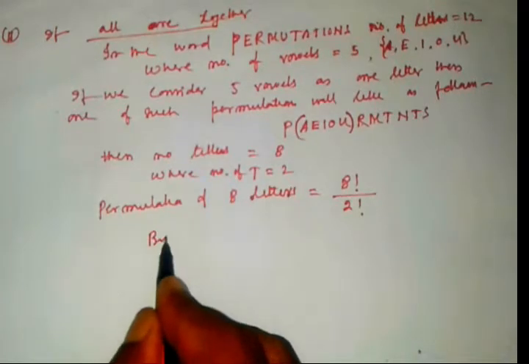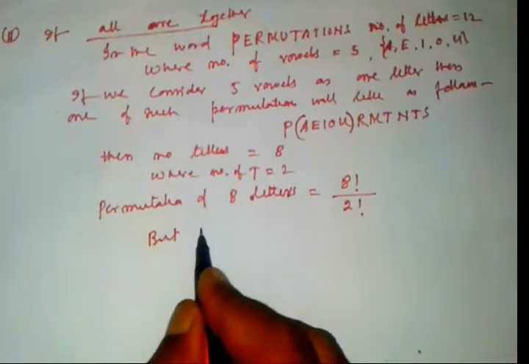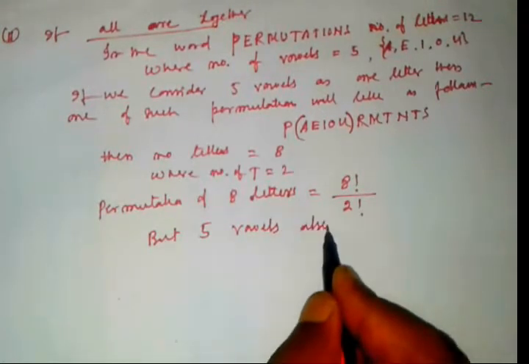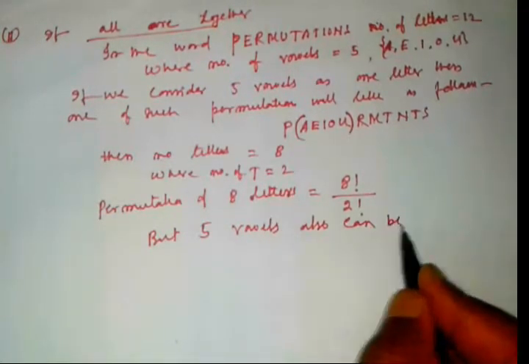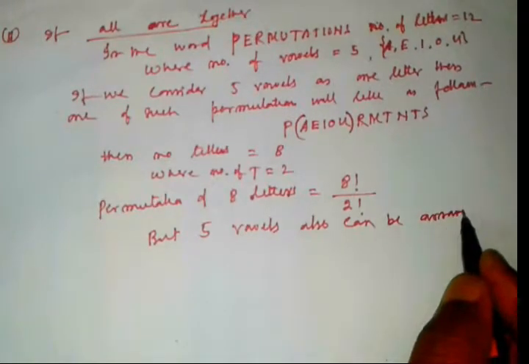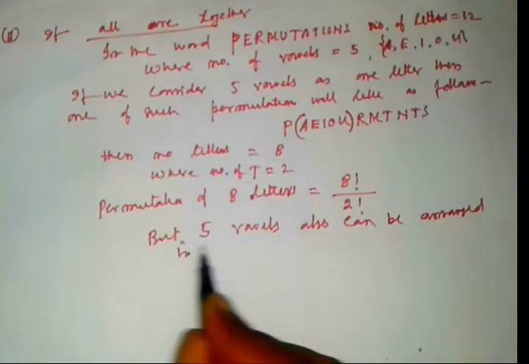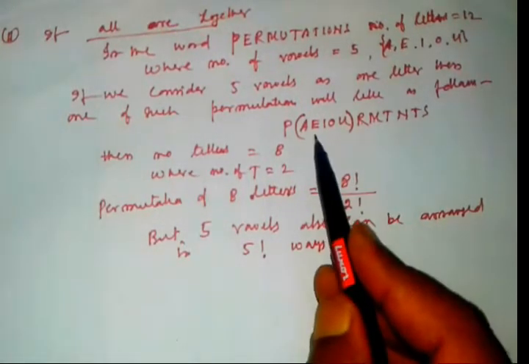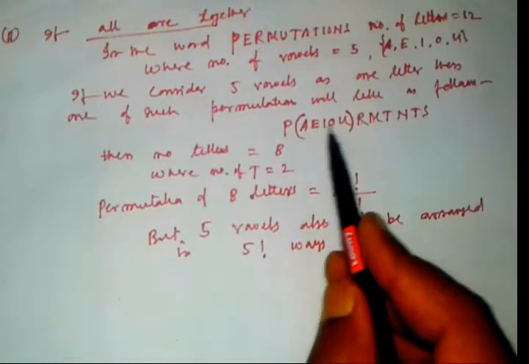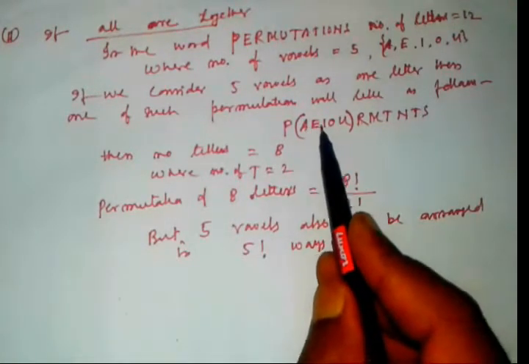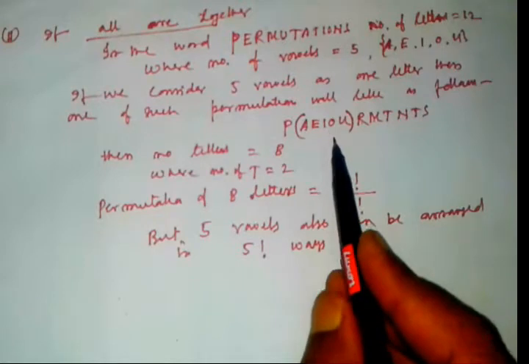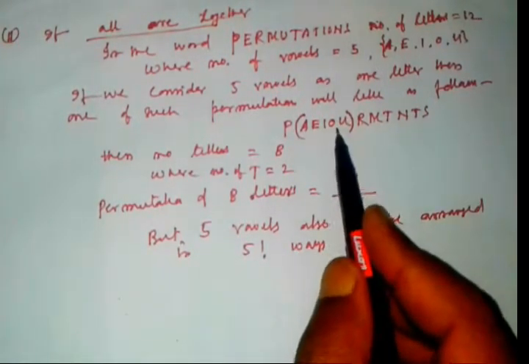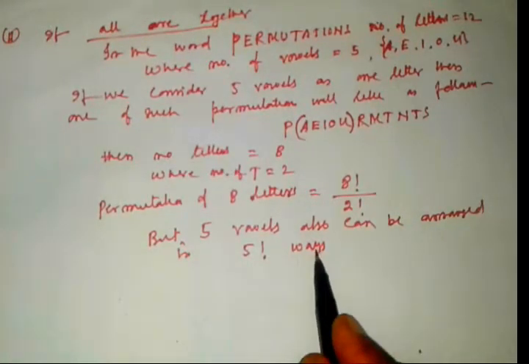But the 5 vowels also can be arranged among themselves in factorial 5 ways.